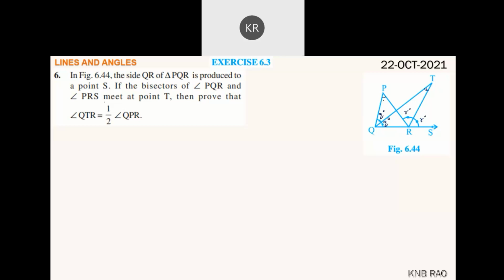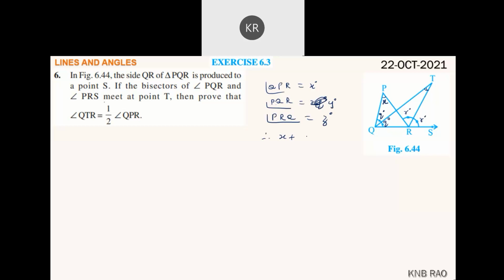Let us label. I am labeling angle QPR as x, angle PQR as y, and angle PRQ as z.